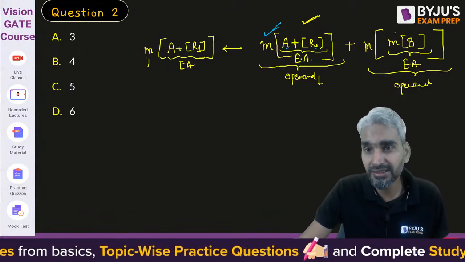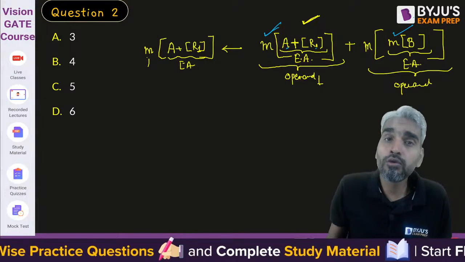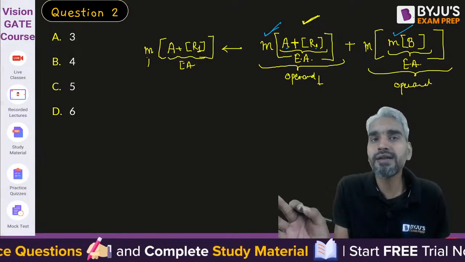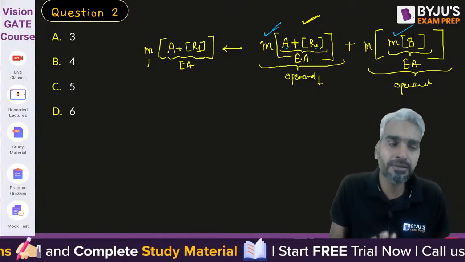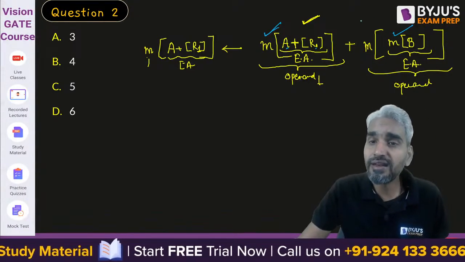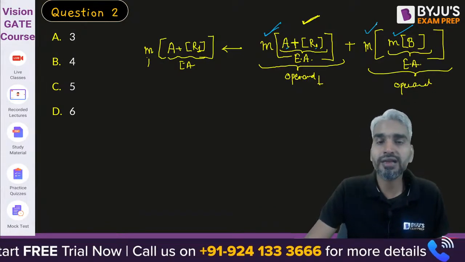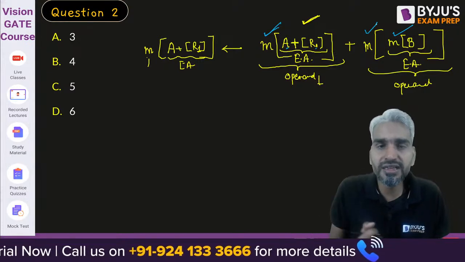So one memory access. Here, to get the effective address itself, you will require one memory reference because it is memory indirect. The effective address itself is present in the memory. And finally, based on that effective address, memory will again be accessed to fetch the operand.